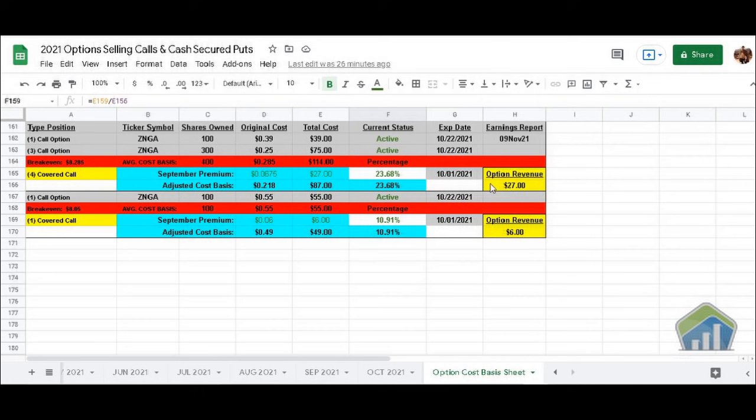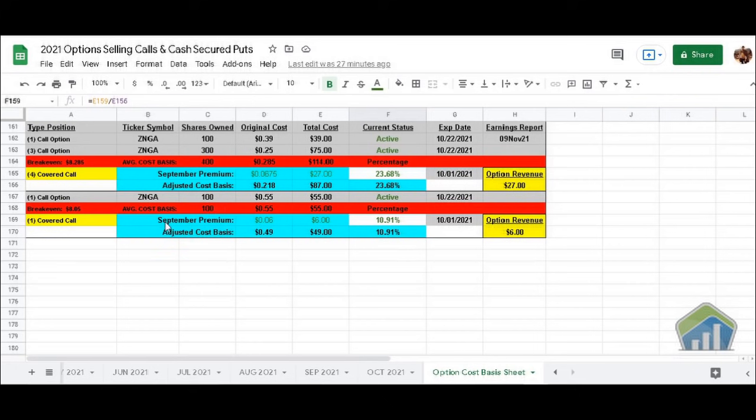So we picked up $27 total of revenue so far when it comes to Zynga for 4 covered call options. And then we did a 5th one right here on 100 shares that we purchased for 55 cents, picked up $6 right here. And then we pretty much just added it together, right? So about $33 we picked up overall.